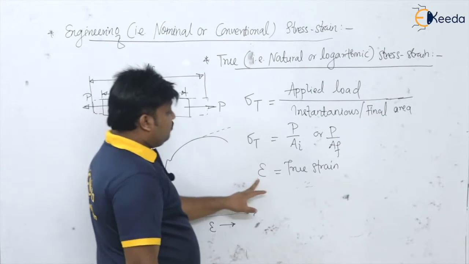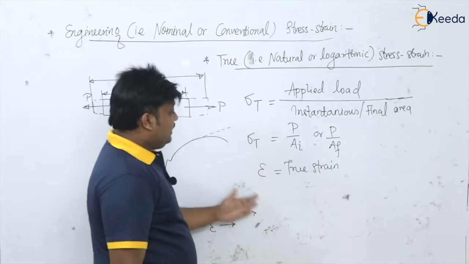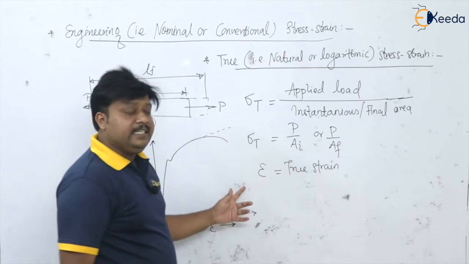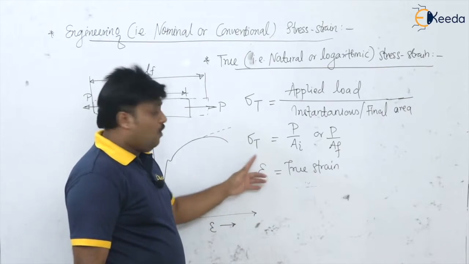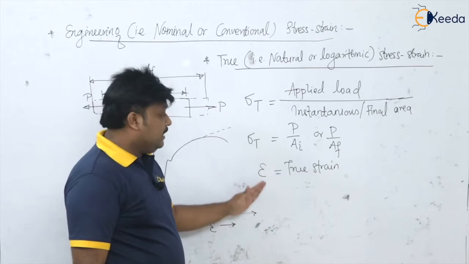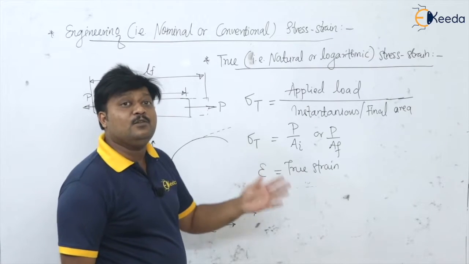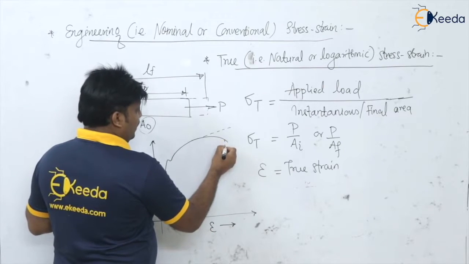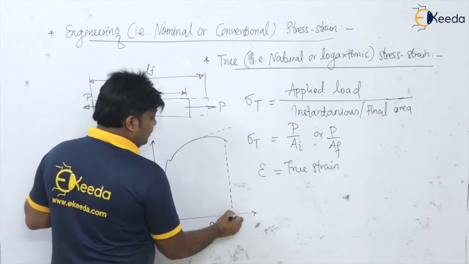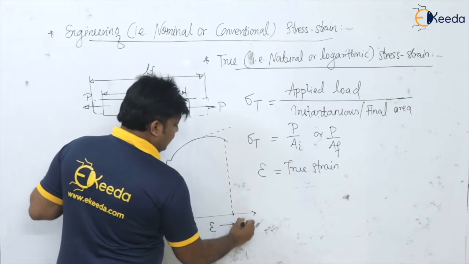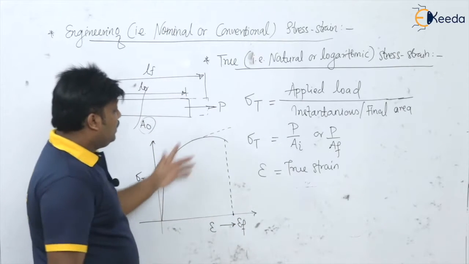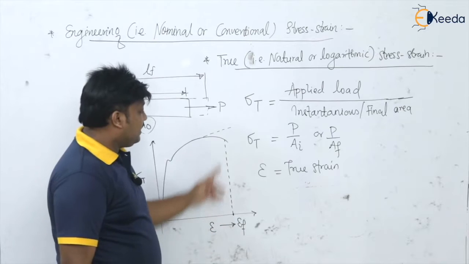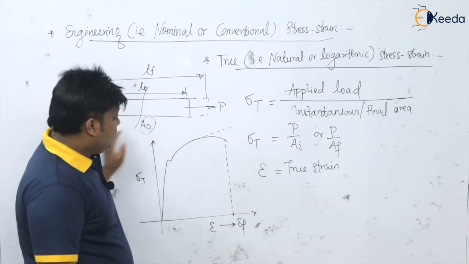What is the value of this true strain? It is nothing but the summation of all the nominal strains instant to instant. Suppose I want to calculate the strain epsilon f at the time of fracture or failure.